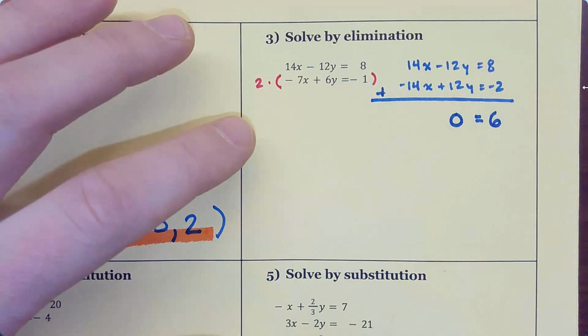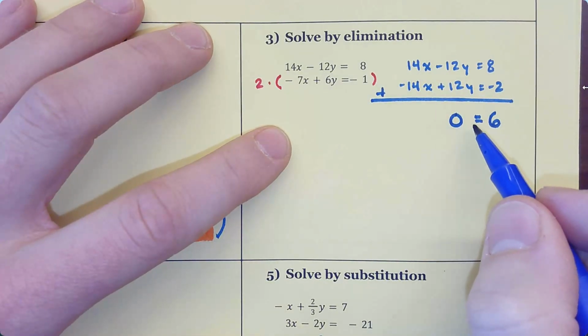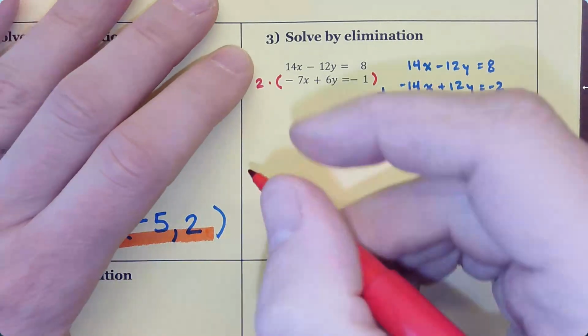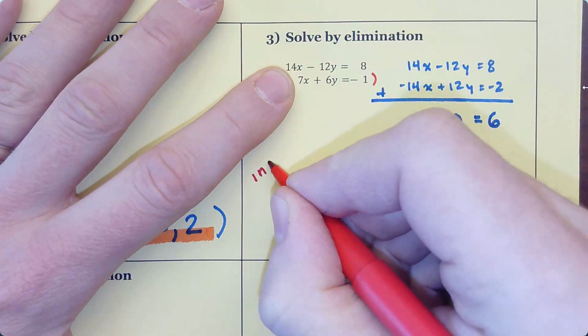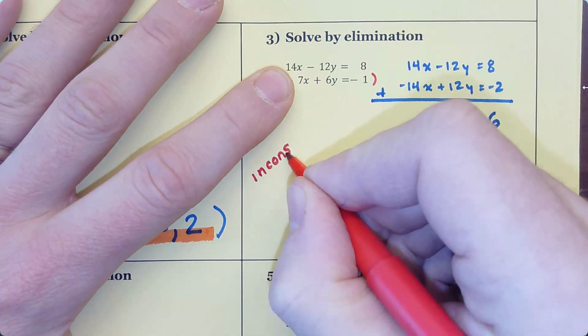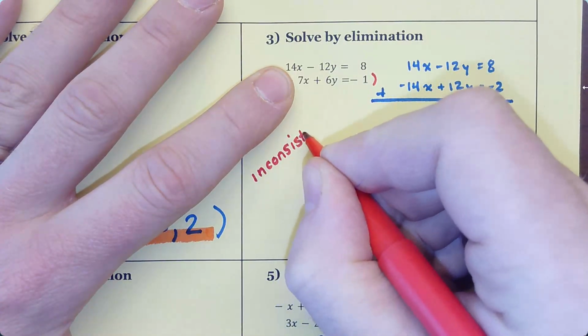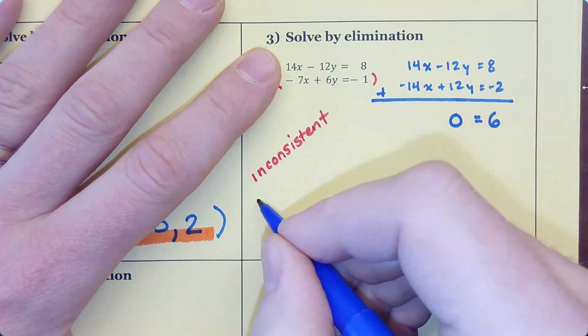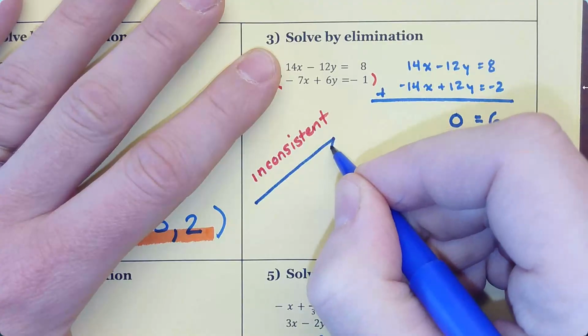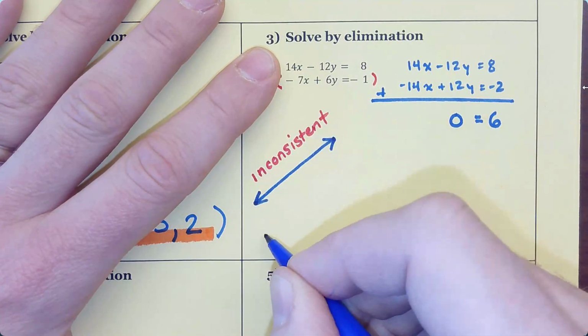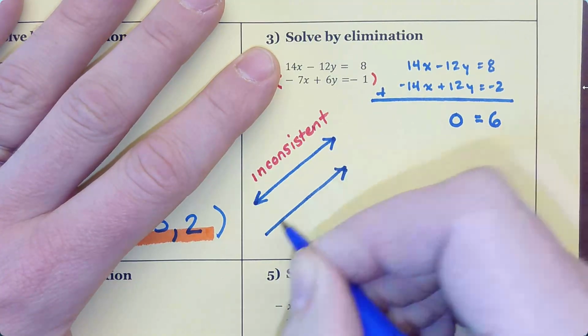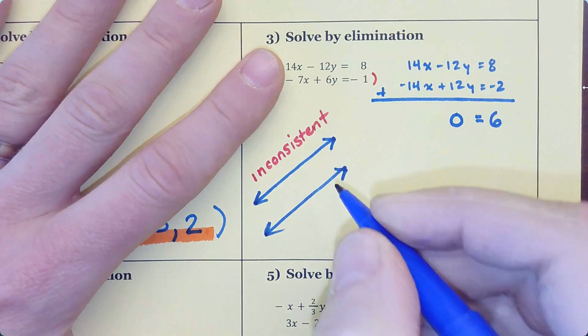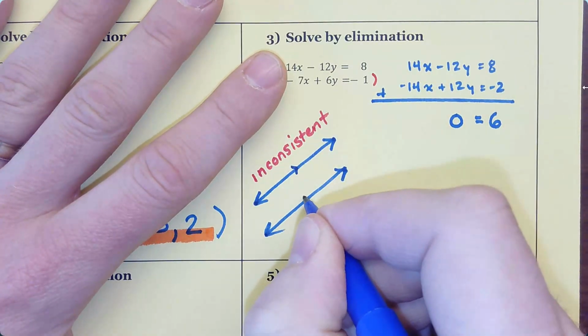So here's what's going on. If you get something like 0 is equal to 6, the system is what we call inconsistent, meaning that the two lines don't cross at a single point. In the case of this one, if you get something that's untrue, it means they are parallel lines.